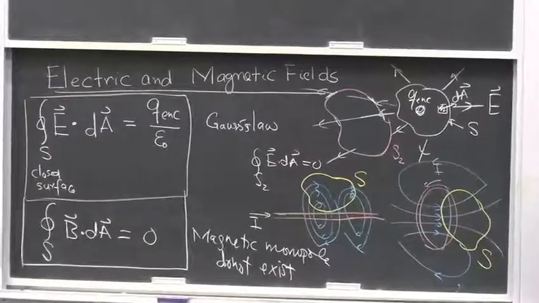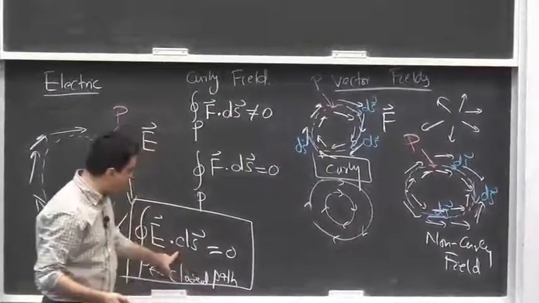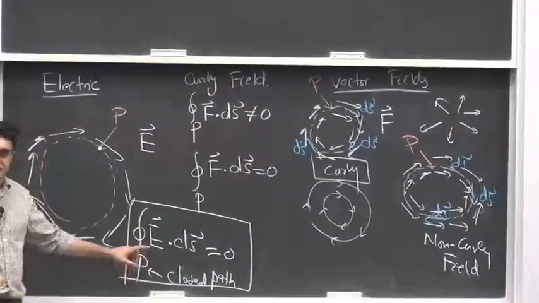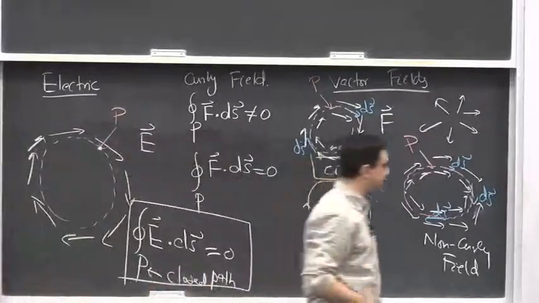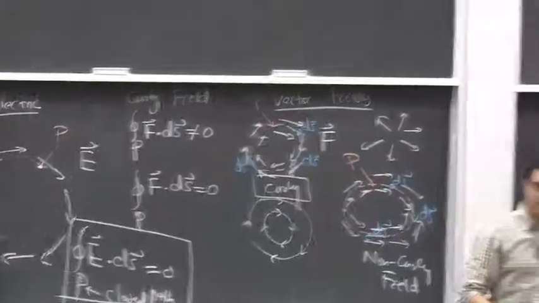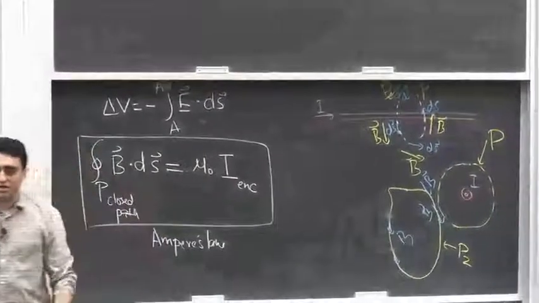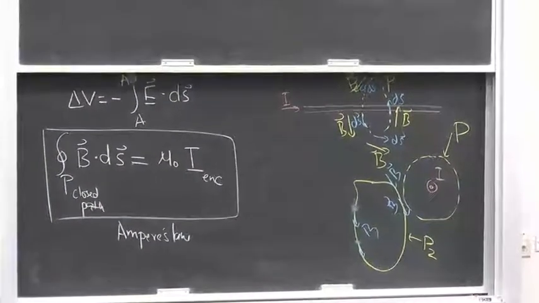The electric field lines don't curve around. So the electric field lines which are formed due to charges are not curly fields, and they don't make complete circles. But magnetic field lines which are formed due to currents make complete circles, and that's why this integral is a non-zero value. So this is the crux of what we did until now.